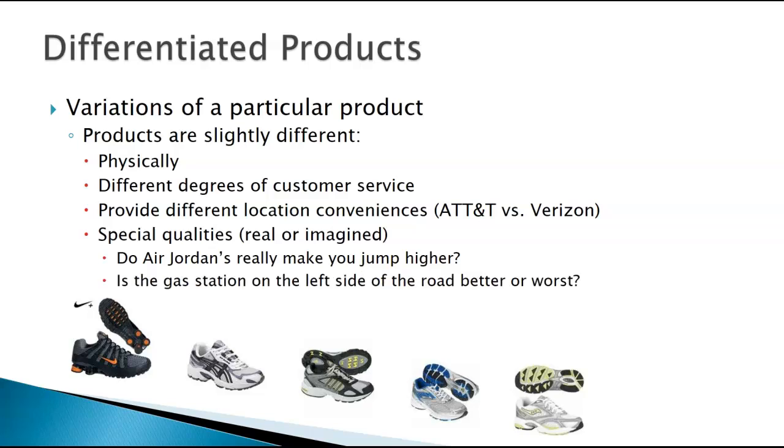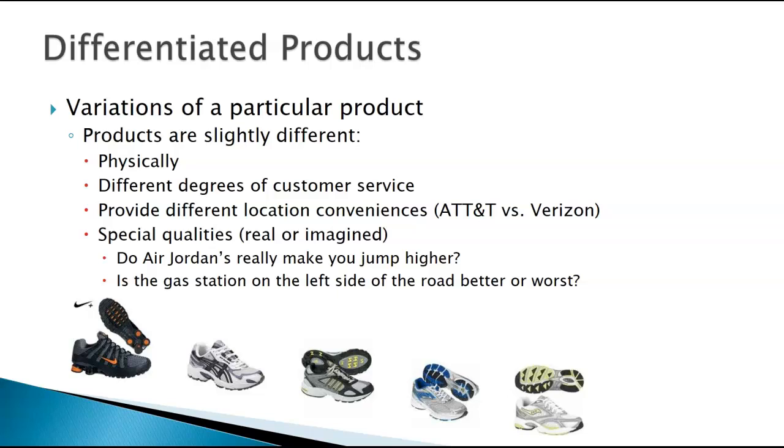They could also be what's called imagined differences, and this is where marketing plays a huge role. Does that kind of shoe actually make you jump higher? Now, sometimes the answer actually is yes. But how about this? Is the gas station on the left side of the road any better than the right side? No. It's just that the right side, in not England, is easier to get into.